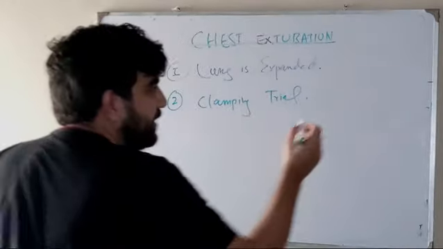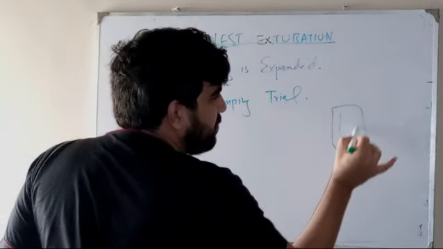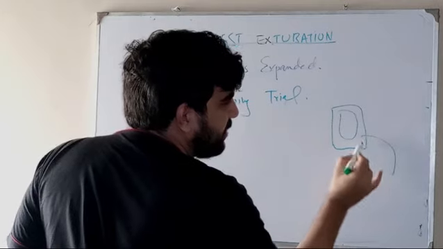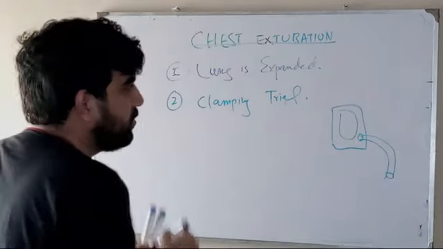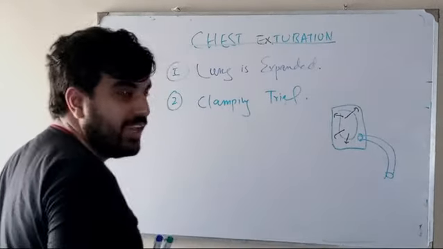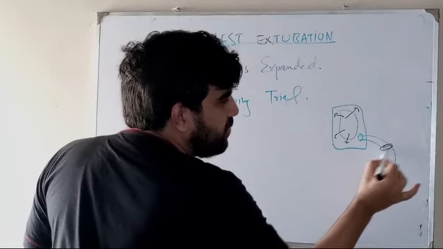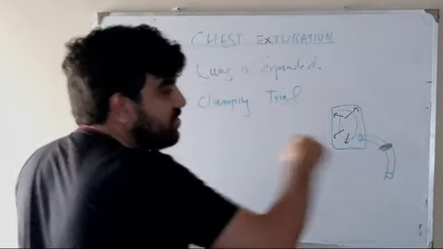You clamped the tube. Let's suppose this is the lung, this is the pleural space, and there was a tube inside there. The first thing was the lung is expanded. The second thing is when you clamp this tube, it is just like the lung in which there is no tube.